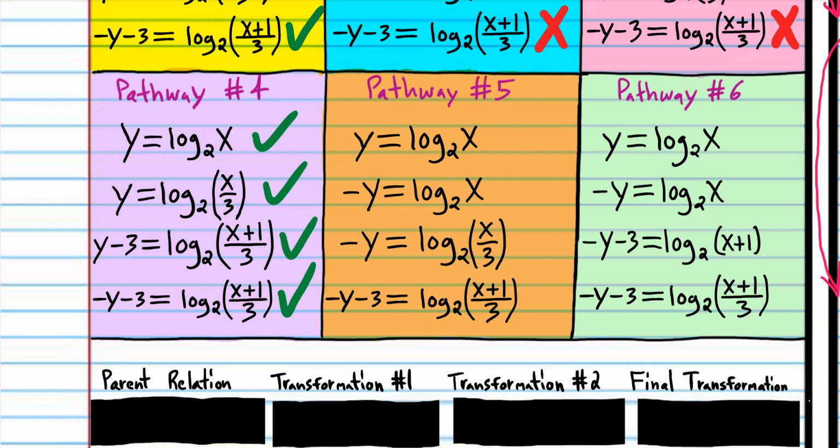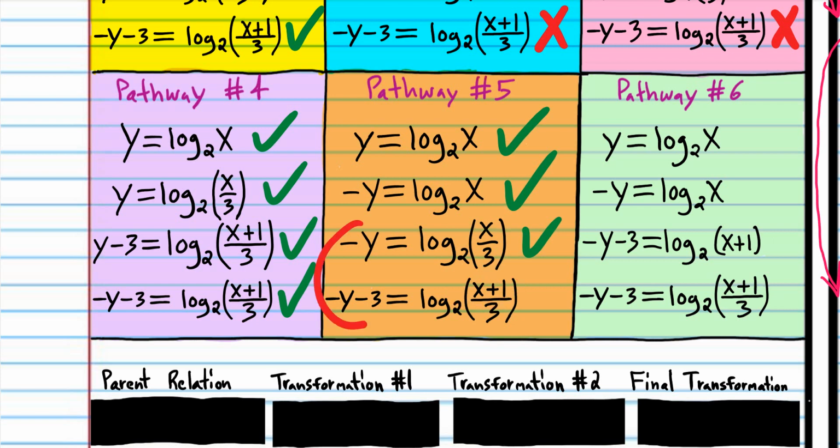Let's try pathway number 5, see if that works. We have the parent equation. We're going to replace y with negative y. That means reflect across the x-axis. Then we're going to replace x with x over 3. That means stretch horizontally. We're going to multiply all the x values by 3 in the graph of the previous equation. And then we're going to replace x with x plus 1. That tells us to move the graph 1 unit to the left.